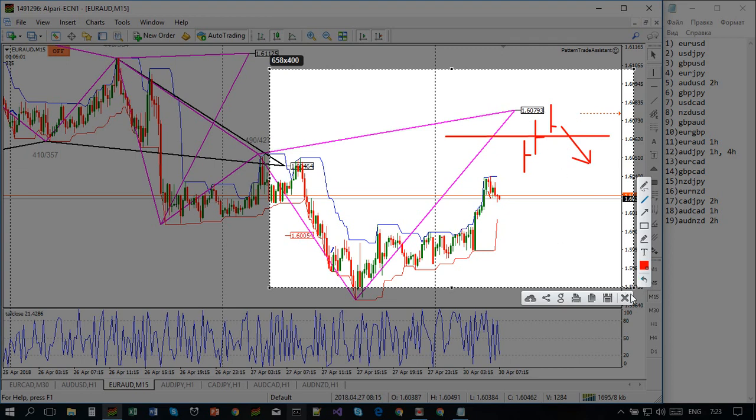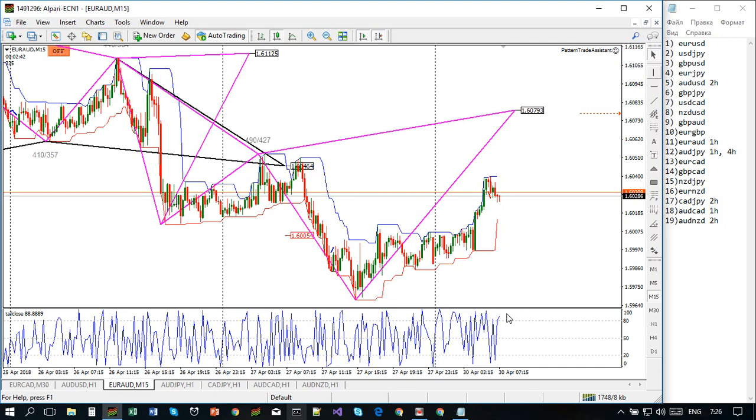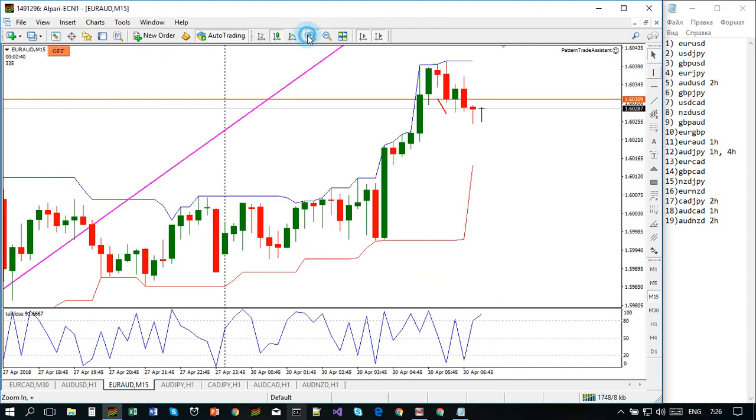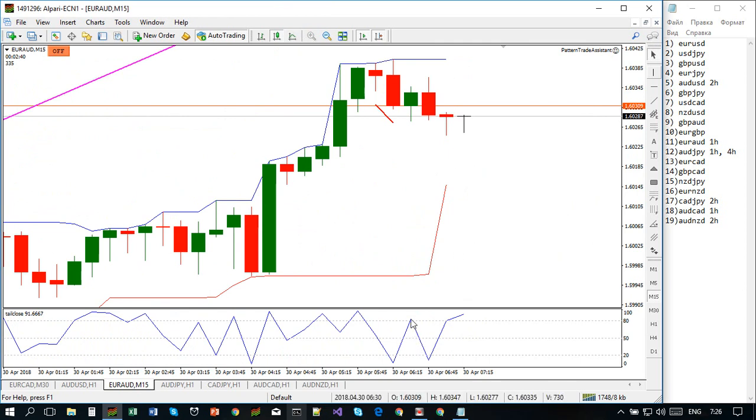Okay, hope you understood. So what this indicator does, it shows you 80%, it means the top 20% of the candle range, and 20% means the bottom 20% of the candle range.